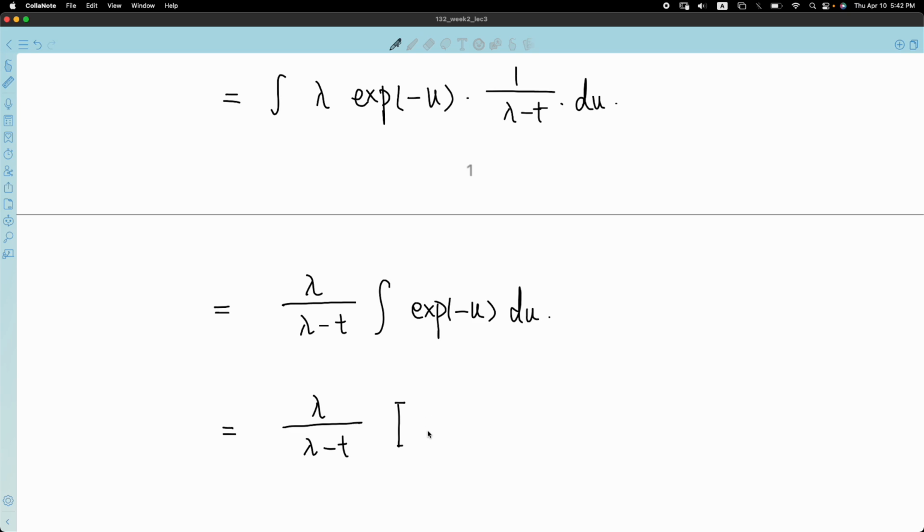Negative u times the exponential of negative u. Okay, so if you want to check whether that result is correct or not, you can just take the derivative of that expression and then see if you can get that. So I'm going to say that the result is the following: negative exponential of negative u. So you were saying there's another u in the front, right? Awesome. Okay, so if you want, you can double check that expression, taking derivative with respect to u, and then see if you can get this result.